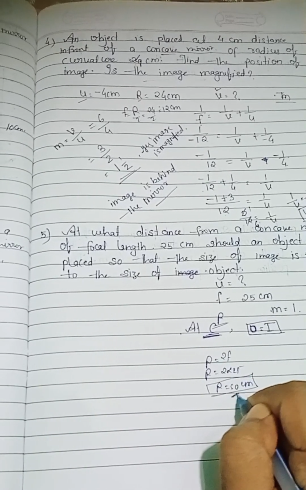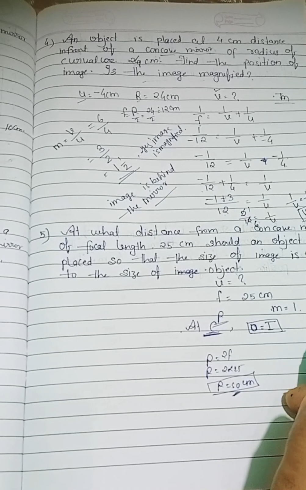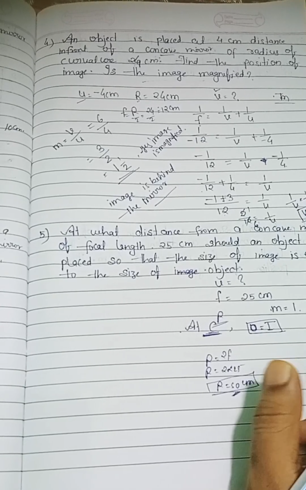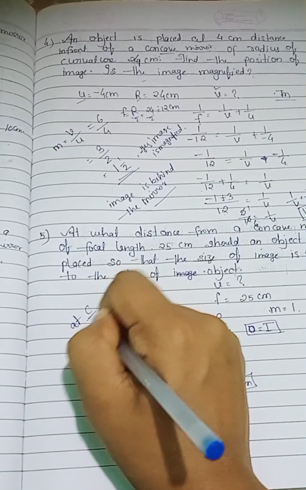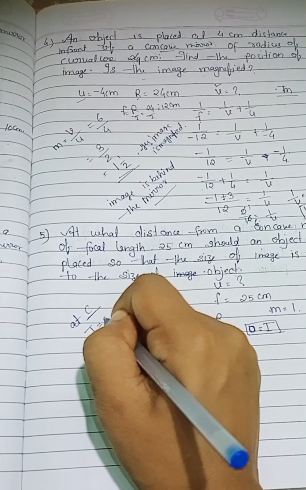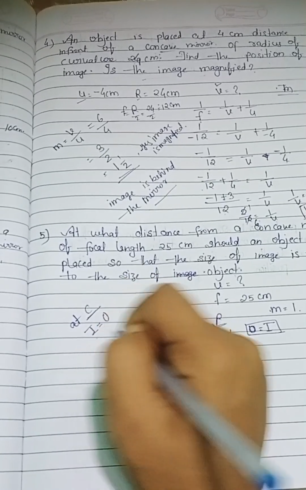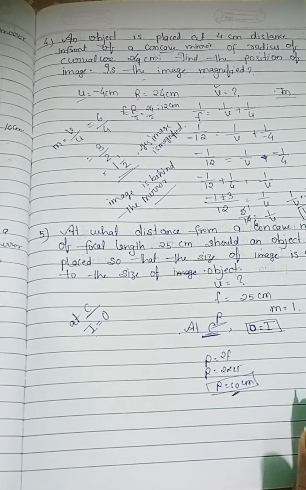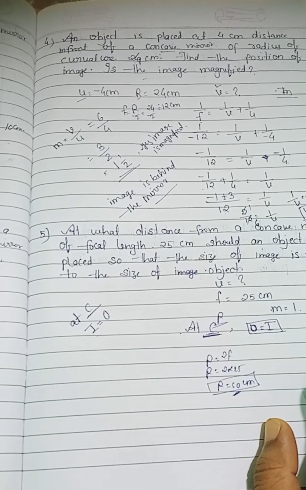You will put the object at 50 centimeter, then only the image will also be equal to the size of object. Here you need to remember the concept that whenever the object is at center of curvature, in that case the size of object is equal to size of image. That is why we will put the object at center of curvature, then only the size of image and object will be equal.